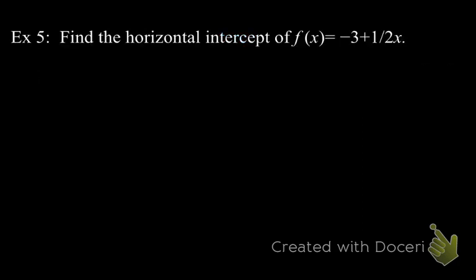So that means in example 5 here, when it says find the horizontal intercept of f of x equals -3 plus 1/2 x, what we're going to do is take this f of x and replace it with a 0. So it's going to look like this: 0 equals -3 plus 1/2 x. And now the goal is, just like when we were solving equations in the last chapter, we're going to try and get this x by itself.